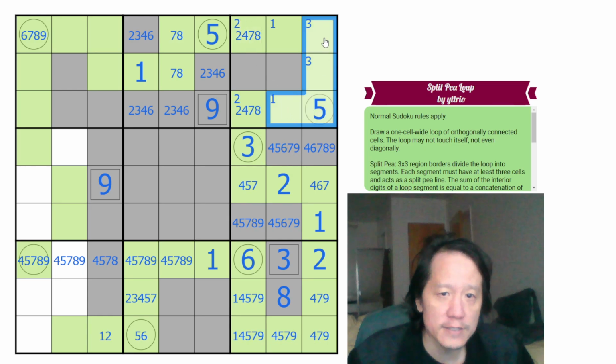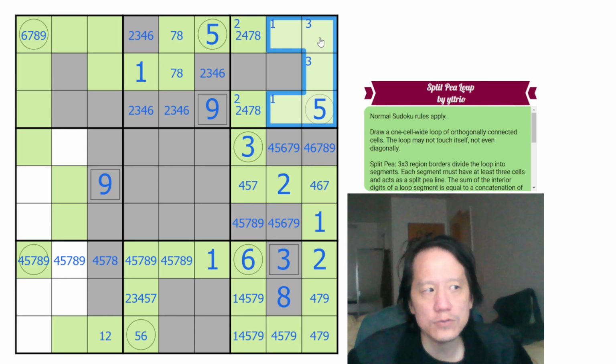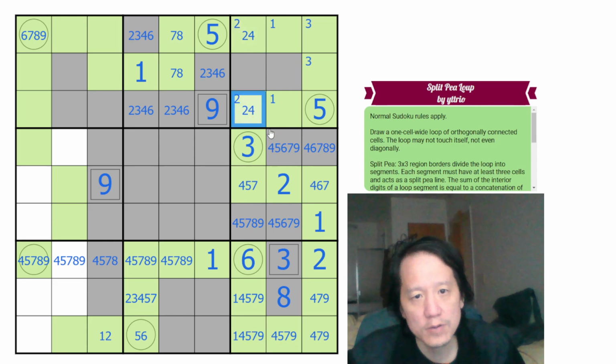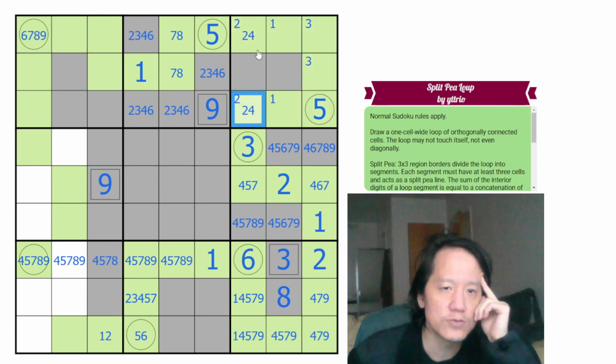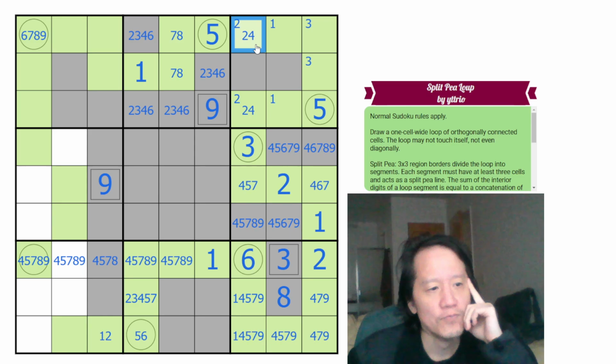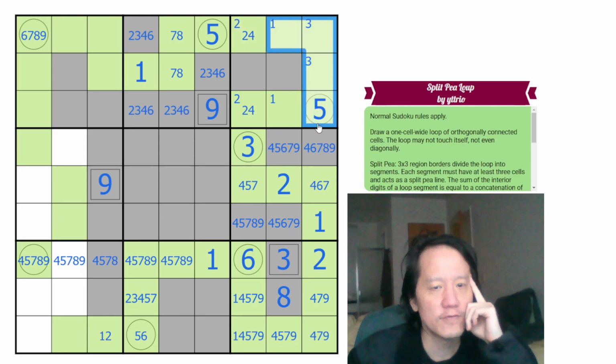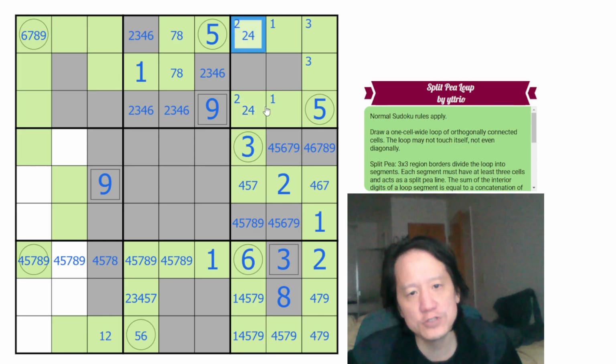If it's 28, this would be 9 with 2 digits adding up to 19, which is not possible. 7 doesn't work either. This has to be 24. Right? If you have 27, you'd have to have 2 digits adding up to 27 minus 9, which is 18, which is not possible. So this is 2 and 4.